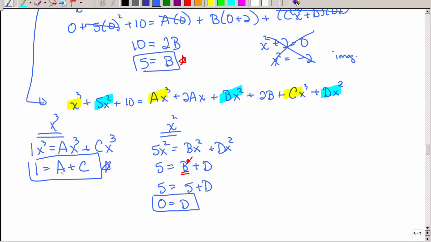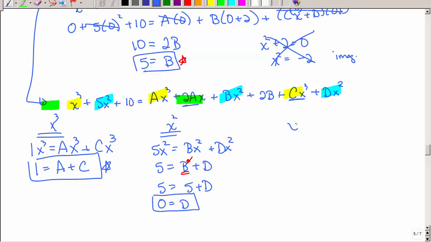And again, that still hasn't told me A or C, so I'm going to keep going. Let's see, what do I need? A and C. What else is A involved in? Because C only has this x cubed, and I've already used that. So maybe here. How about the x's? Do I have any x's on this side? None. So I have an Ax here, and that's it.